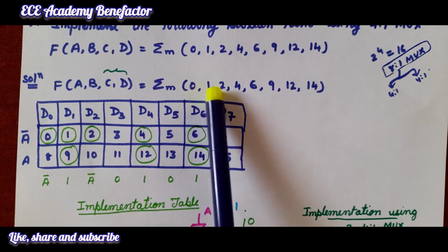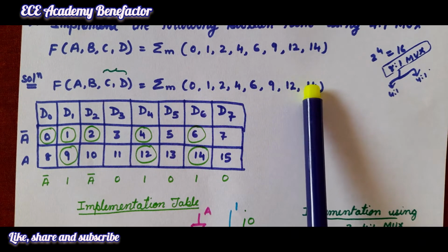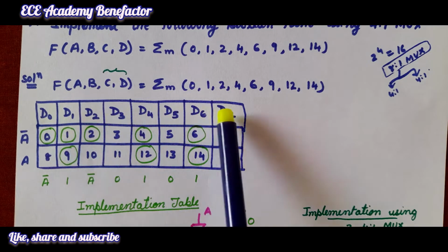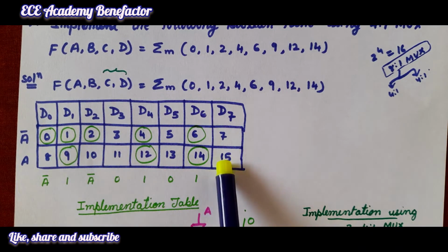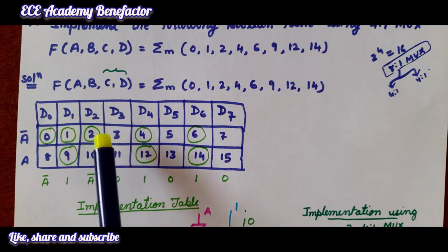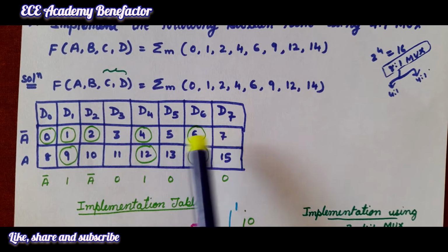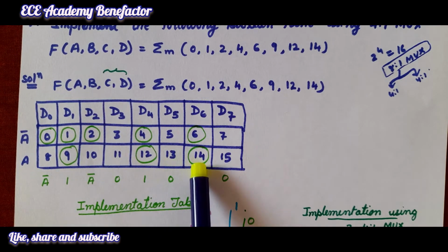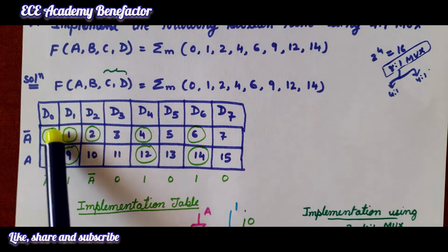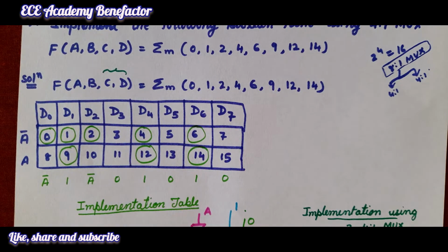So, here we are having the list of minterms. For D0 to D7 we have written 16 numbers, 0 to 15: 0, 1, 2, 3, 4, 5, 6, 7, 8, 9, 10, 11, 12, 13, 14, 15. We have written 0 to 15 inside this table.